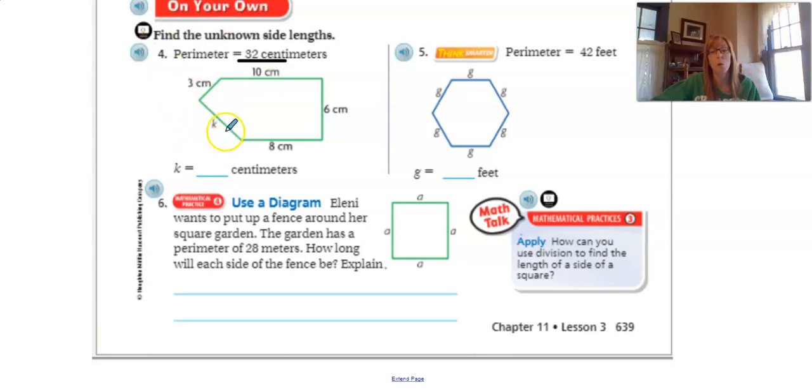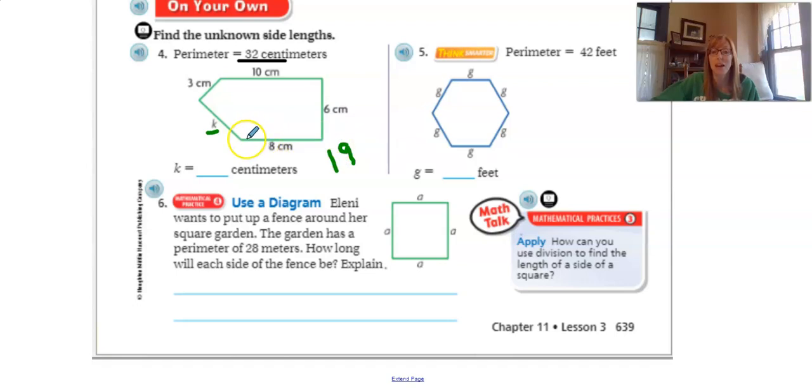You have one missing number, so you're looking for the letter K. We know that 3 plus 10 plus 6 plus 8 equals something, and if we added this last amount, it would be a total of 32. So let's add up. 3 plus 10 is 13, plus 6 is 19 to this corner.